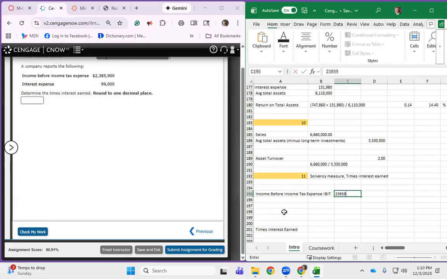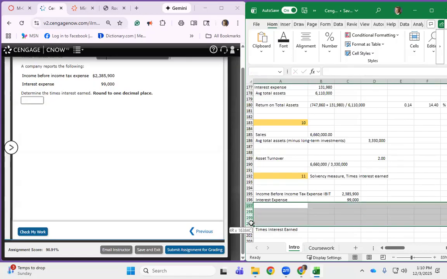They gave this to us from the income statement, so we didn't have to figure it out. And then the interest expense. This measure is completely on the income statement. You don't use the balance sheet for this one.